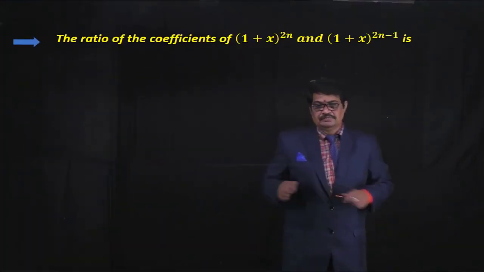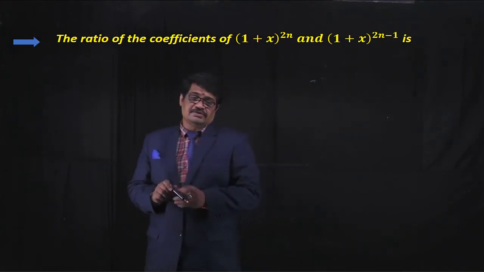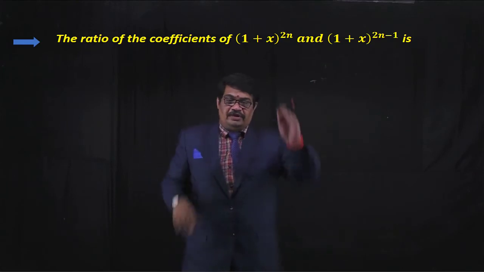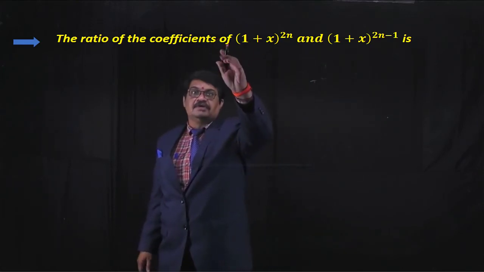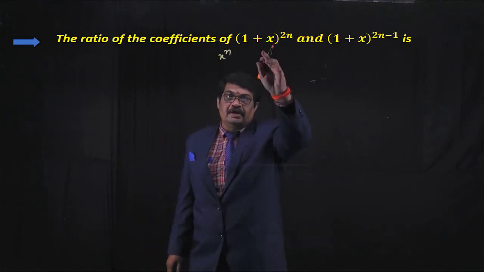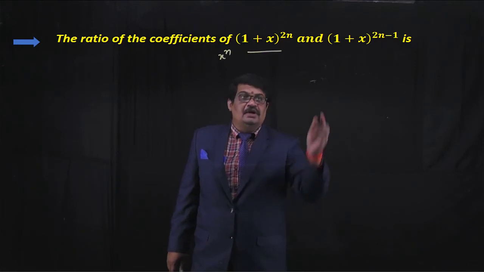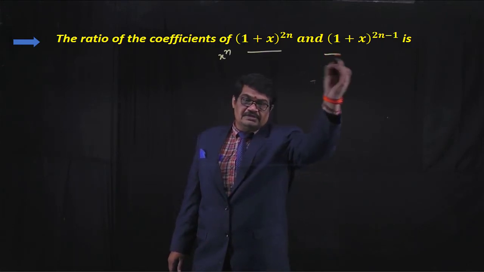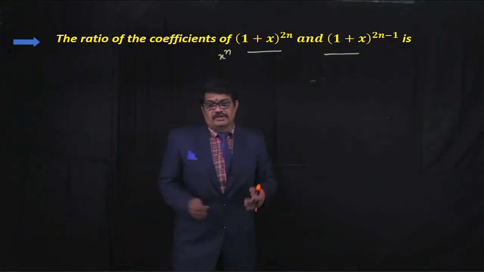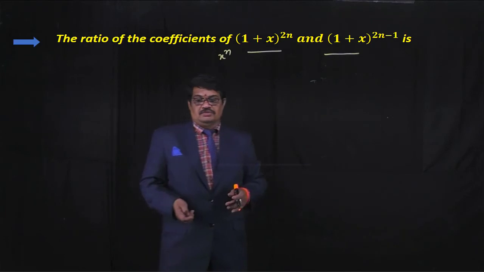See the problem. We have to find the ratio of the coefficients of x to the power of n in the expansions of 1 plus x whole power 2n and 1 plus x whole power 2n minus 1.